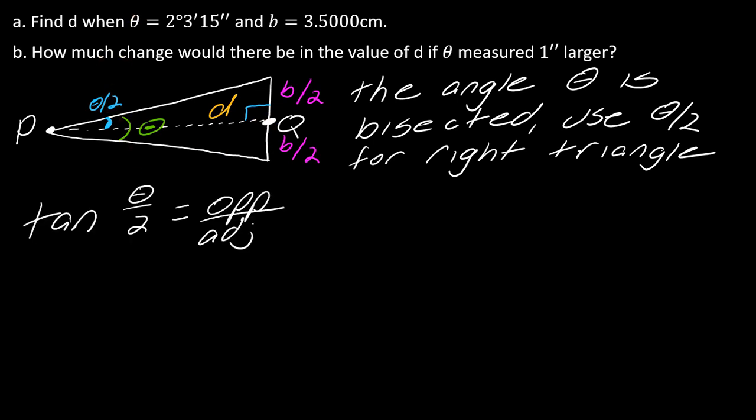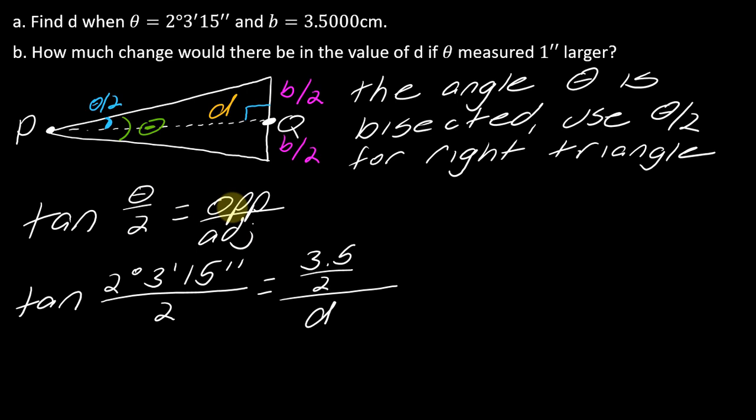So I can take the tangent of theta over 2, which is my opposite over my adjacent side. I can plug all this in. I'm going to take my theta, which is 2 degrees, 3 minutes, and 15 seconds, and divide that by 2. The opposite side is 3.5 divided by 2, and d is what I'm trying to solve for.